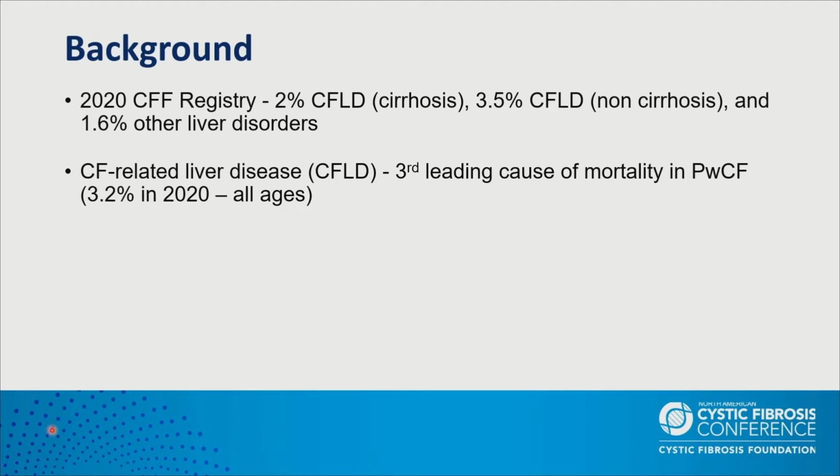So going to the latest CF Foundation registry, which is 2020, it's documented that 2% of all patients, both pediatric and adult, have cirrhosis, and 3.5% have CFLD, which is mentioned as non-cirrhotic, and another 1.6% as other hepatic disorders. And then what we know from prior studies is CF-related liver disease accounts for the third leading cause of mortality, coming after end-stage lung disease and then transplant-related problems. And in the latest registry, this accounted for 3.2%.